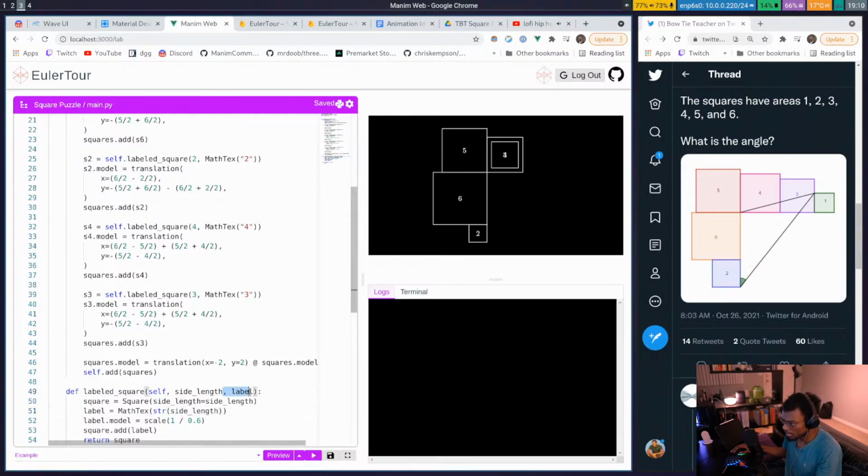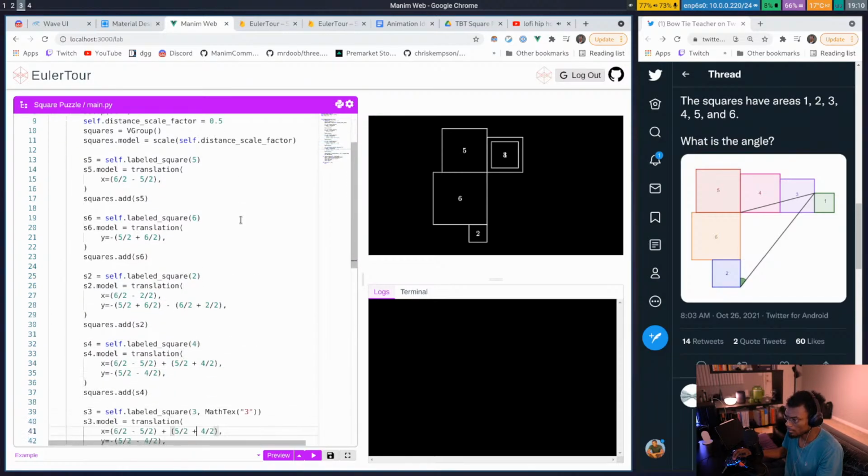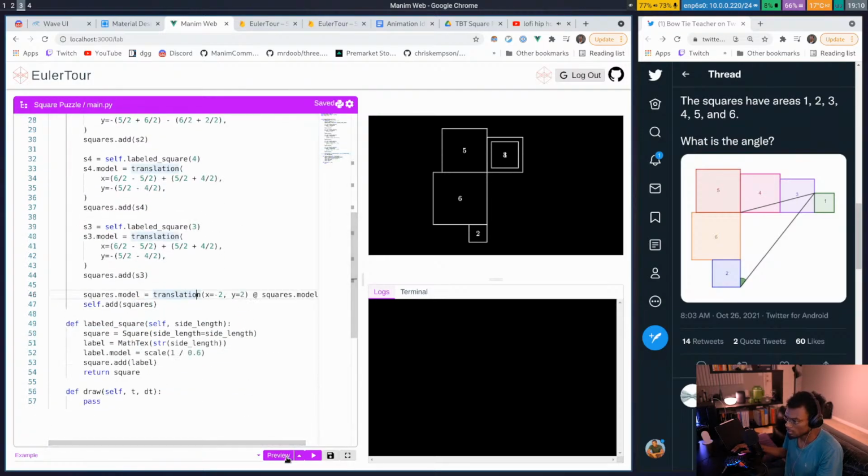The difference being that I can take out this label argument entirely. And it'll just be simpler. Great.